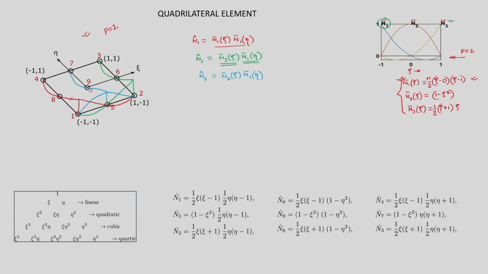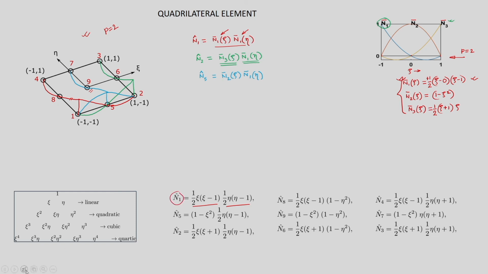Now let us look at this. Here we have shown that N1 hat is a product of N1 bar in xi and N1 bar in eta. So this represents N1 bar in xi and this represents N1 bar in eta. So their product defines N1 hat.